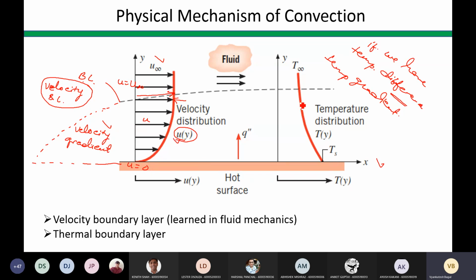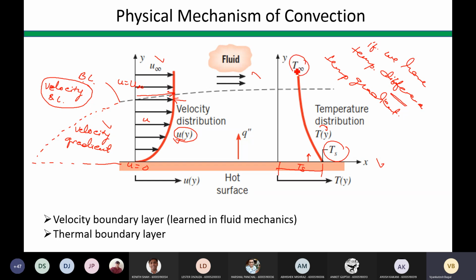So what this line indicates is, as you go away from the wall, how the temperature is varying with respect to y. At the surface of the wall, this temperature is nothing but Ts, the surface temperature of the plate itself. As you go away from the wall, the heat is transferred from the wall to the surrounding fluid, and the more you go in the y direction, the more heat is transferred, and this is how the temperature gradient is established.